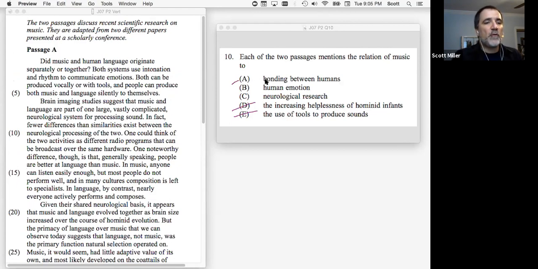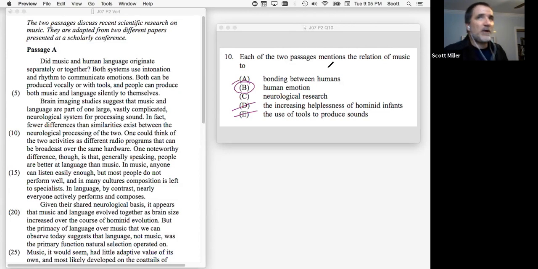Just looking for the word emotion, I found it, and I can select B. So one of the most common times when you're going to go back to the passages, after eliminating some answer choices, is to just look for a word. Look for a word to see, does it appear in both passages? Can I find the part of each passage that talks about that? And can I confirm that that answer is right or wrong?